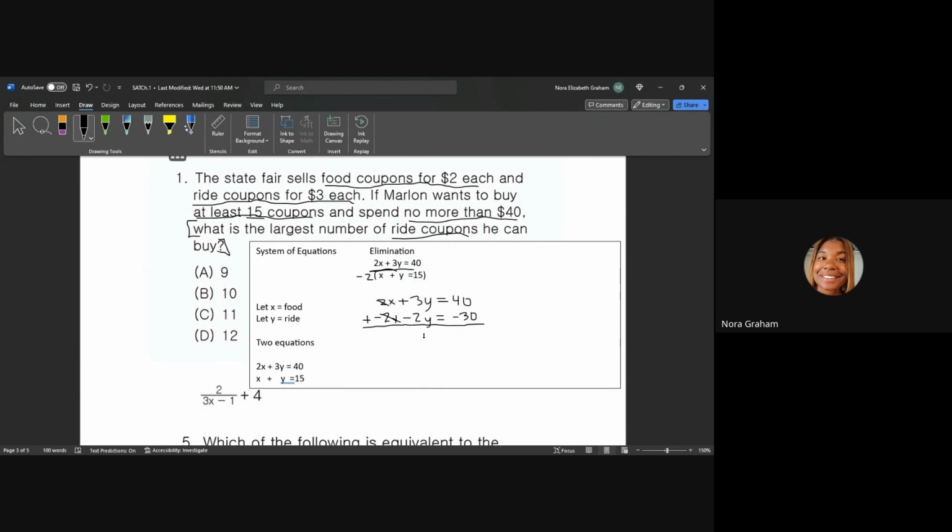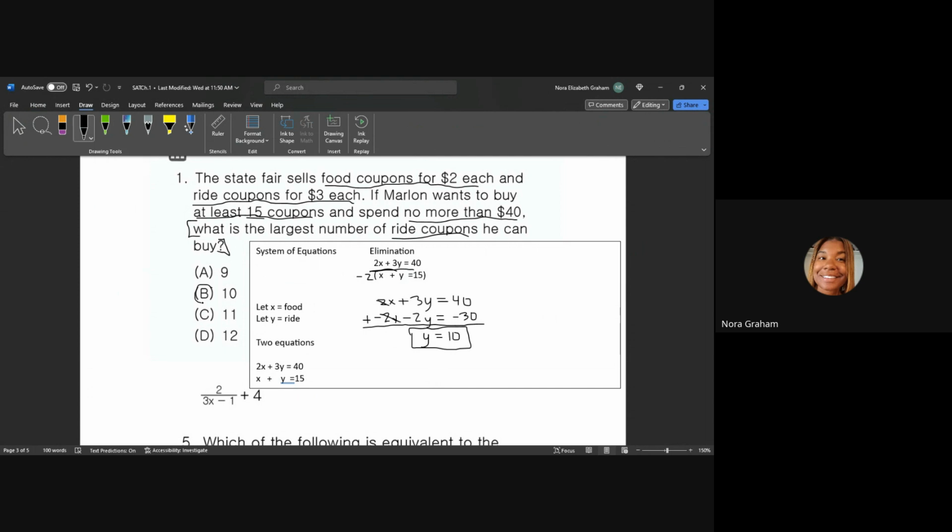That's just going to give me y. 40 minus 30 gives me 10. So what we just found is that with $40 and 15 tickets, he can go on at least 10 rides. Okay. So our answer would be B.